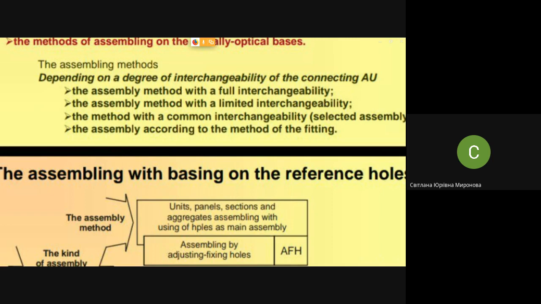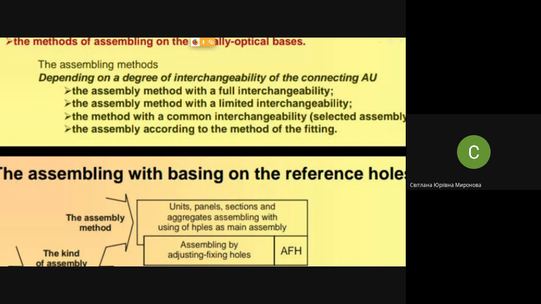What does mechanical interchangeability mean? It comes about mechanical properties: strength, deformability, ductility, fatigue life, and so on. When it comes about physical properties, above all we are talking about the weight, mass of this structure. And above all, we are interested once again in geometrical interchangeability.